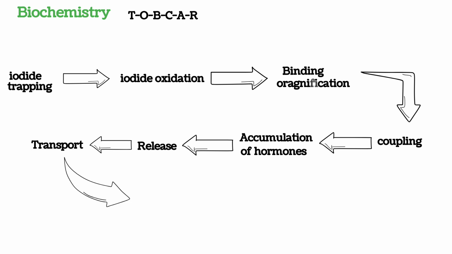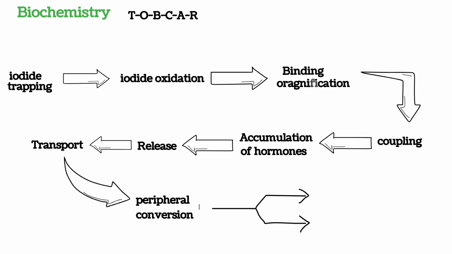So, peripheral conversion. Now peripheral conversion of T4 into T3 and reverse T3, as we already discussed: 5'-deiodinase will convert T4 into T3, and 5-deiodinase will convert it into reverse T3. Now we will be discussing iodine trapping, the sodium iodide symporter, SLC5A5.